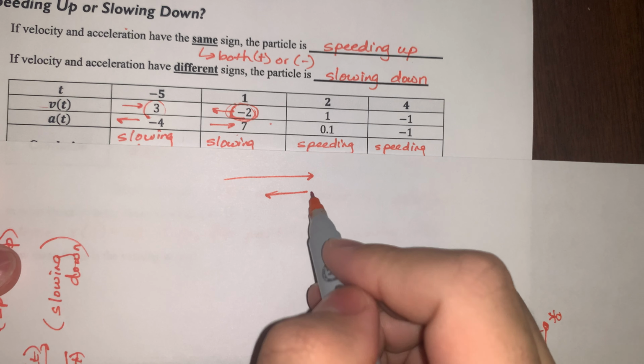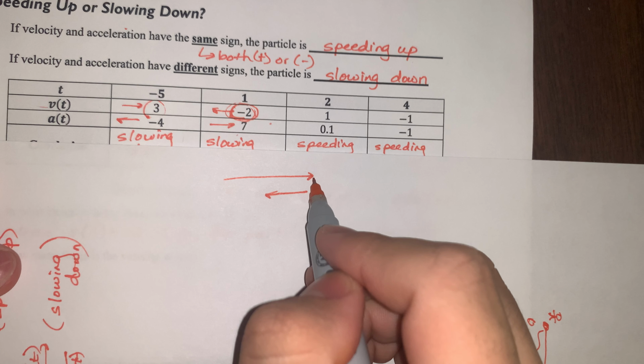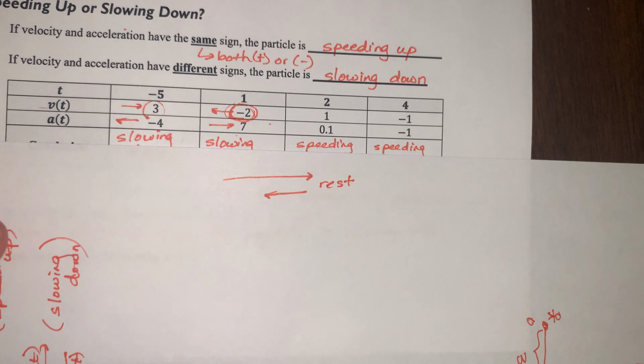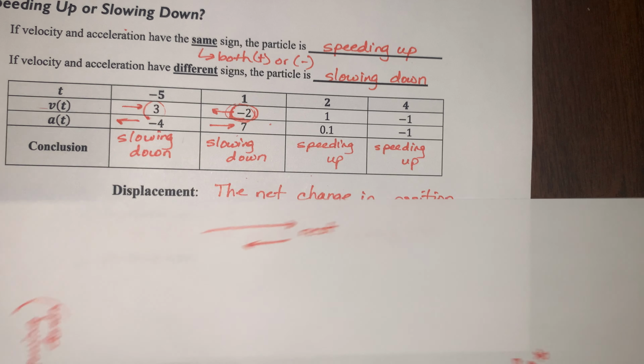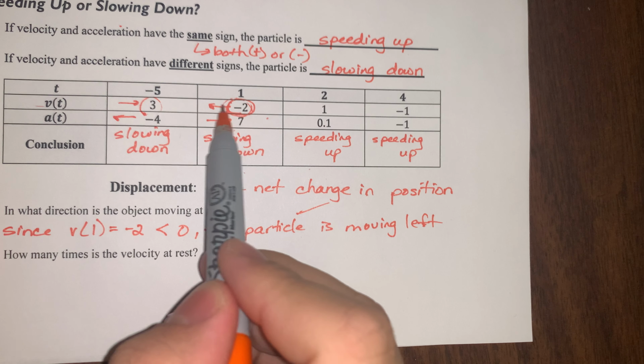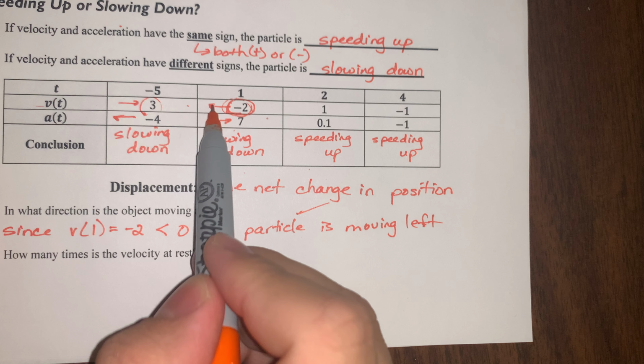Somewhere over here, it had to stop and change direction. So it had to be at rest and then change directions to move the other way. So that means we have to have at least one 0 value in between these two.